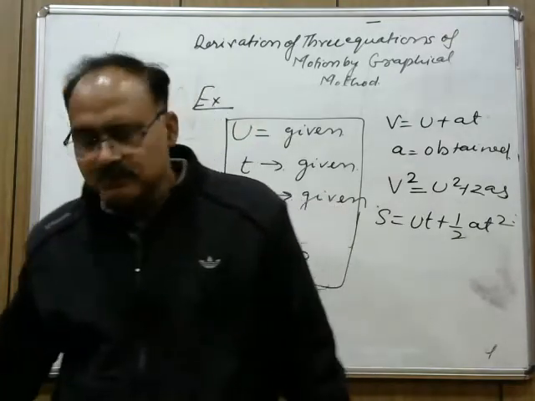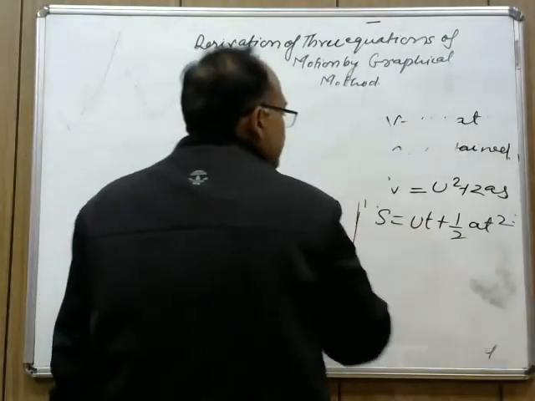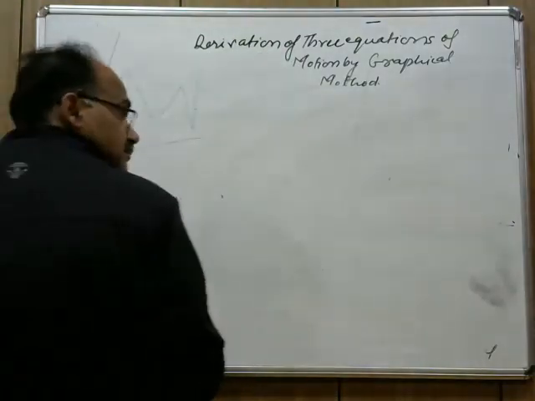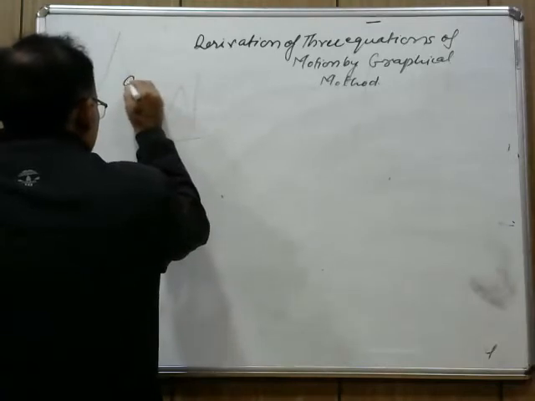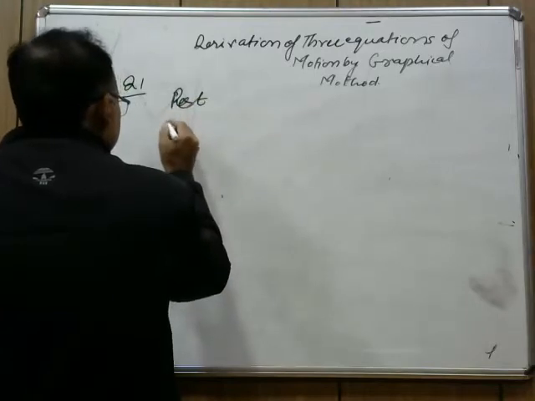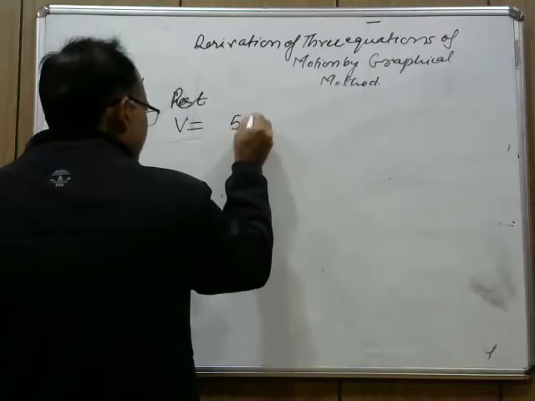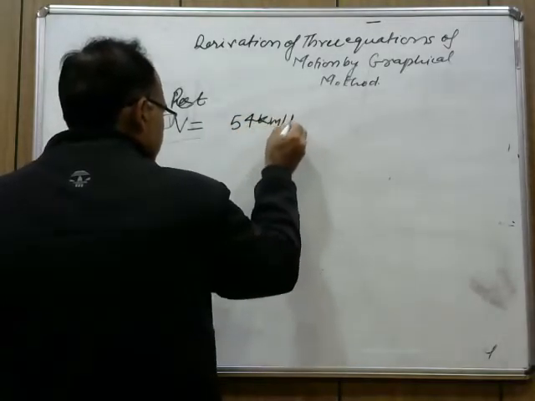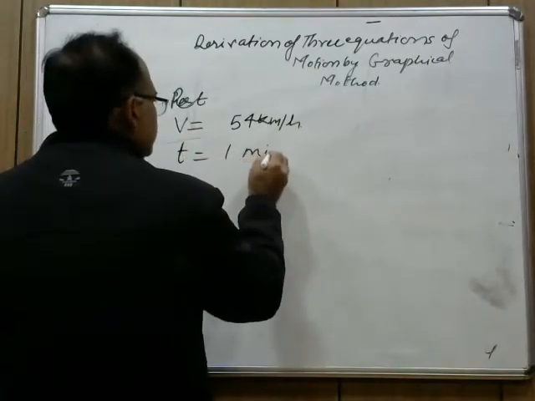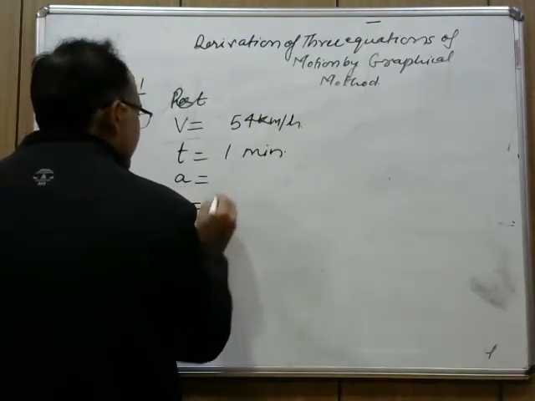Now, let us take an example. Question is that if a body starts from rest and attains a velocity of 54 km per hour in 1 minute, time is 1 minute, then calculate a and displacement s.